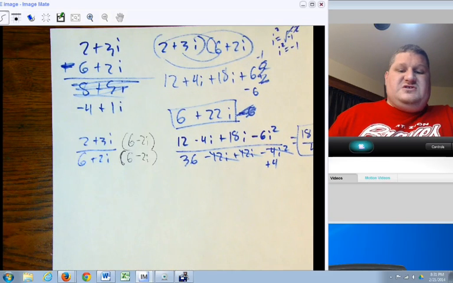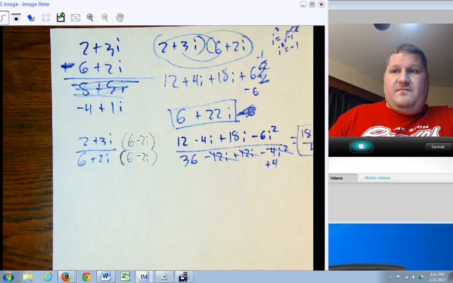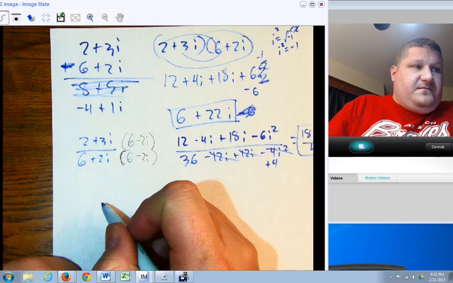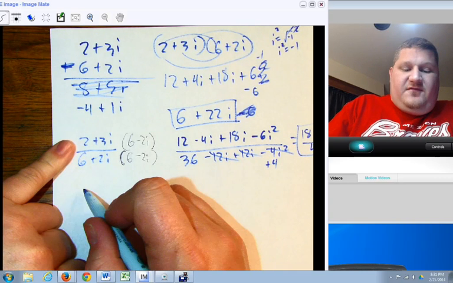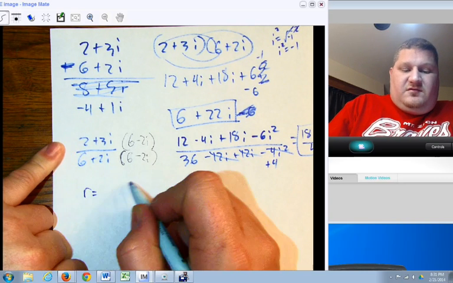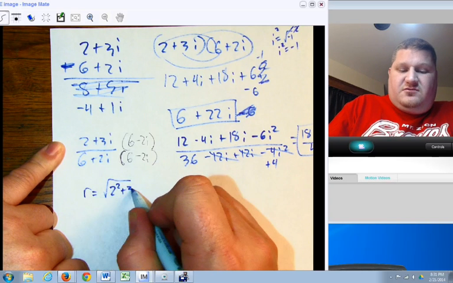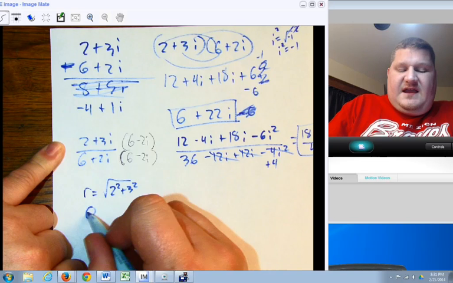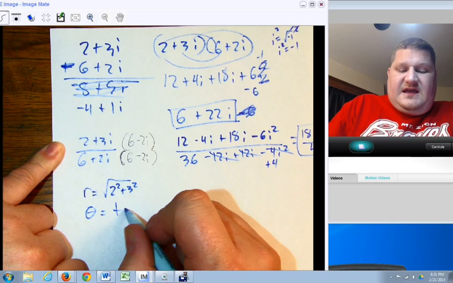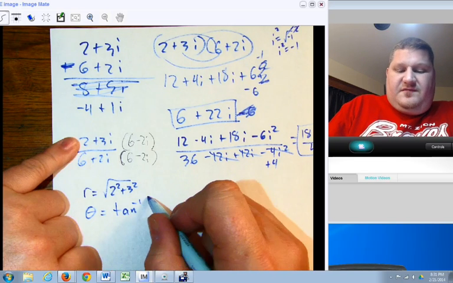If we change them to polar form, it's going to be a real bear. So we would have r equals the square root of 2 squared plus 3 squared, and theta equals tan inverse of 3 over 2.